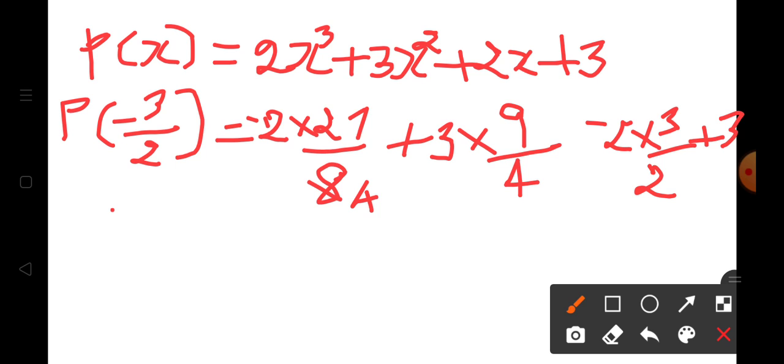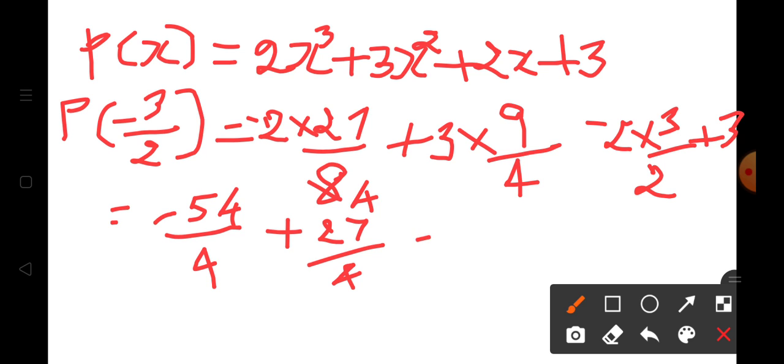So minus 54 by 4, plus 27 by 4. Minus, here we cancel these two numbers. 2 cancel. Then what's the answer? Minus 3 and plus 3.